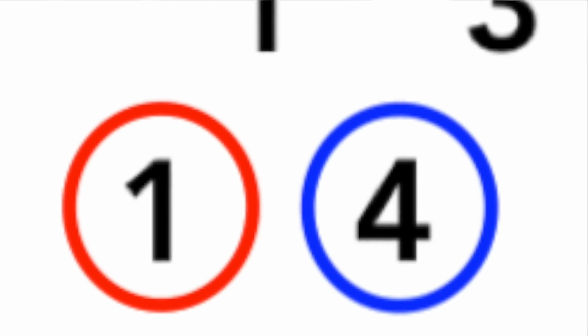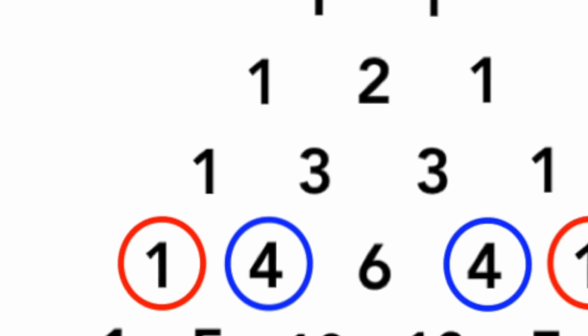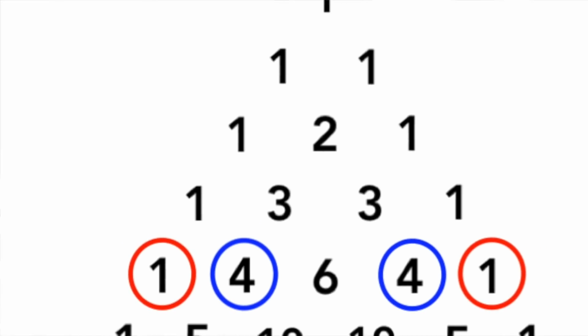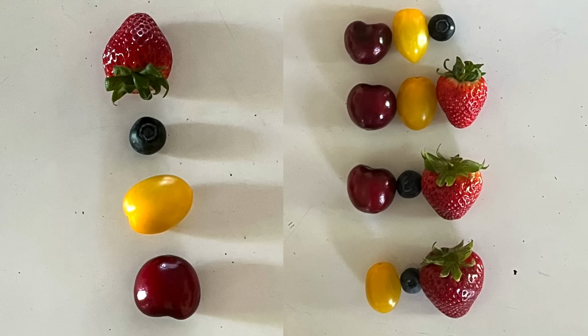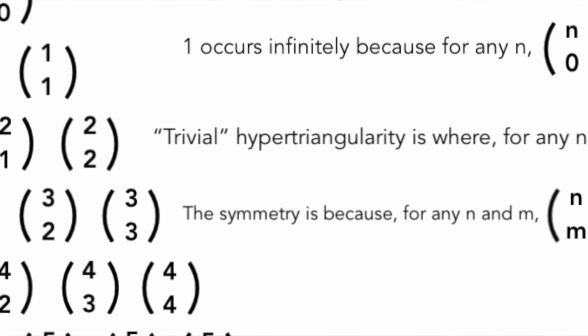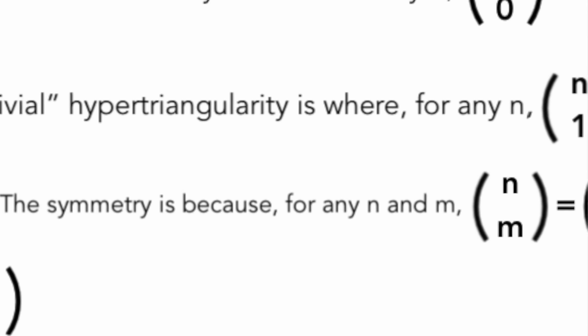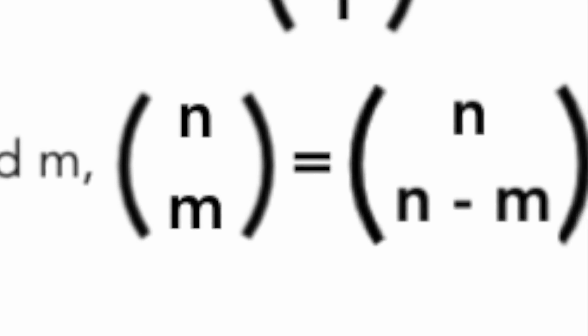Additionally, these appearances of 1 and whatever n that is will also have mirrors if there's enough room, due to what I call the symmetrical rule, where for any n and any m, n choose m is exactly equal to n choose n minus m.